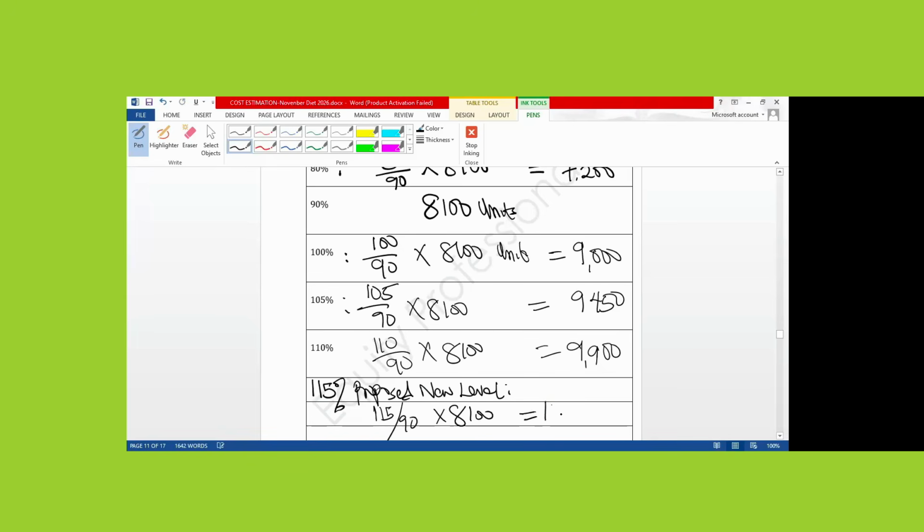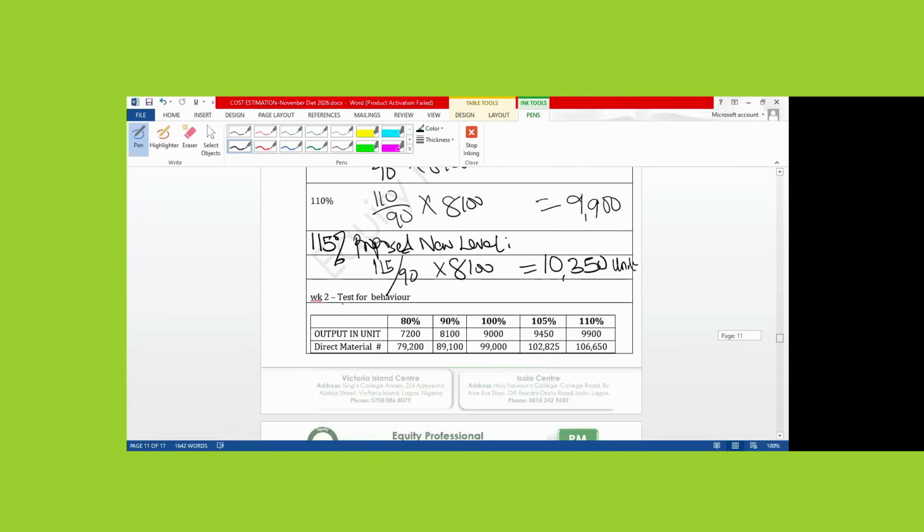That will give you 10,350 units. We have converted percentage to number of units.